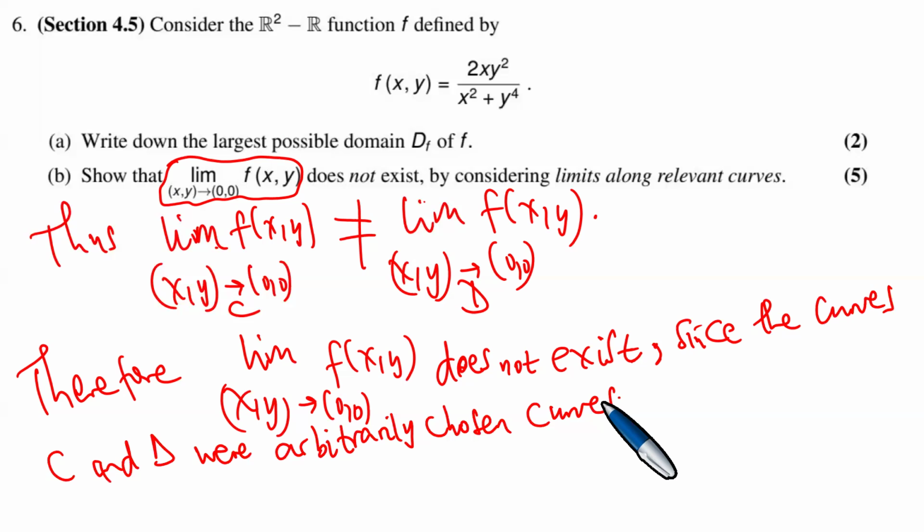All right, so we look at the next question. Because it said show that this limit does not exist by considering limits along relevant curves, and we've just done that. It is very important to choose one curve, normally y equals x, if it's going to work, and then another relevant curve that is going to produce a different limit.